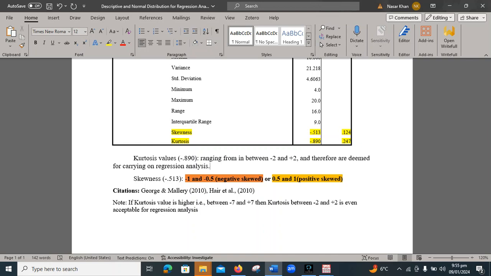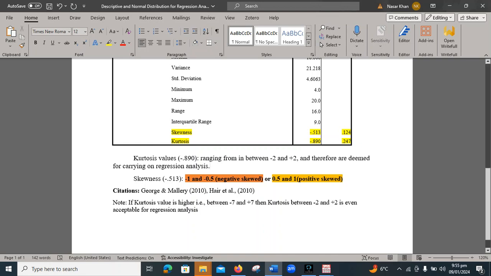For the kurtosis, the rules are a bit stricter, that the data must lie between -2 to +2 region, while for the skewness there is a bit of flexibility. So still it is near 0.5, so we can consider it as fit for carrying on regression analysis.